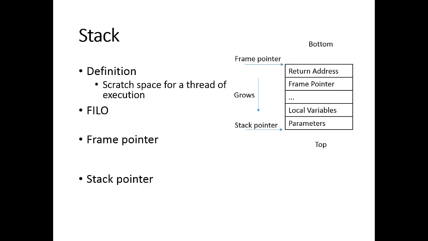When you add things to the stack, it's done in a fashion called FILO, which stands for first in, last out. That's why, as you can see in the picture here, whenever you add something to the stack section of the memory, it gets bigger, and the way it's growing, it's actually going downward.